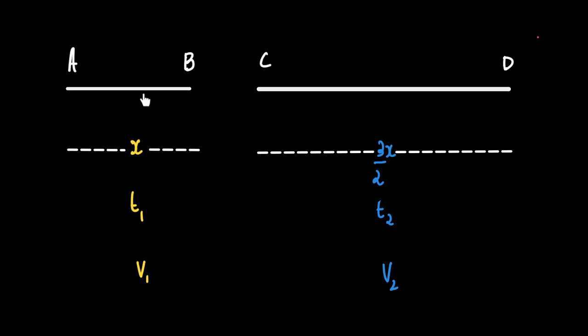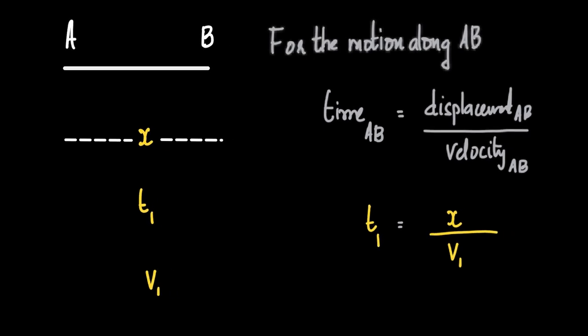Okay. So AB is x, which is covered in, say, time t1, with corresponding velocity v1. CD is 3 by 2 of x, covered in time t2 with a velocity v2. And for the motion along AB, which is x, t1, v1, the time to cover AB is equal to displacement of AB divided by velocity of AB.